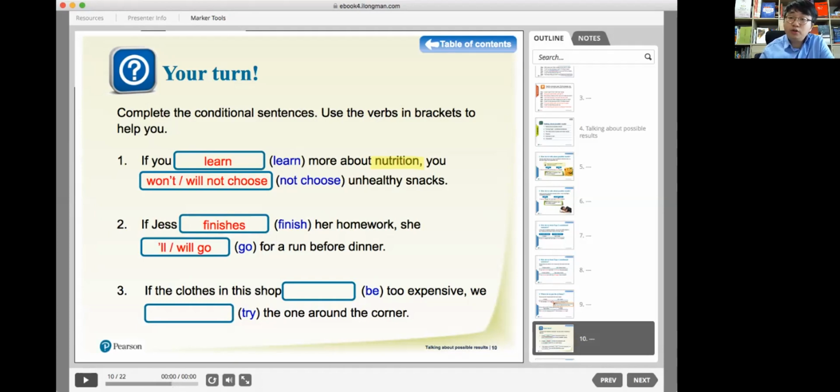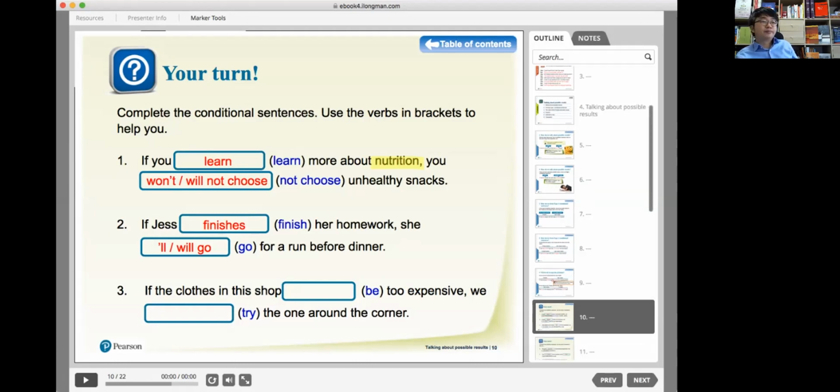Maybe she's too lazy. Maybe she says, oh, I'm so tired after finishing my homework. I prefer having a rest instead of going out for a run. So therefore, it's only a possible result, not a must. We use a type 1 conditional sentence. So we say, if Jess finishes her homework, she will go for a run before dinner.